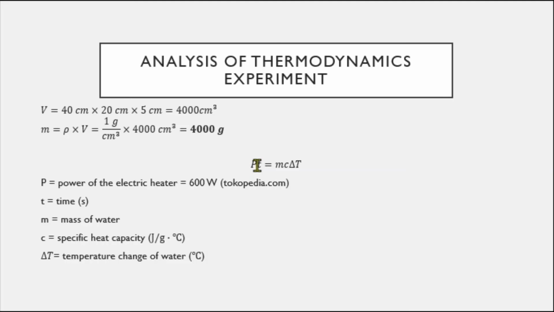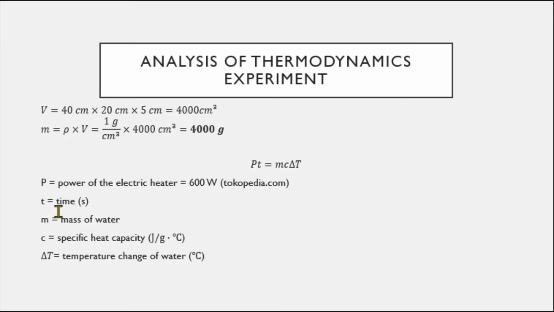And then the formula to calculate the specific heat of the water is Pt = mcΔT, where P is the power of the electric heater and the value is 600 watt. I got this value by looking at the same product at Tokopedia.com, and I researched for the value of the power.